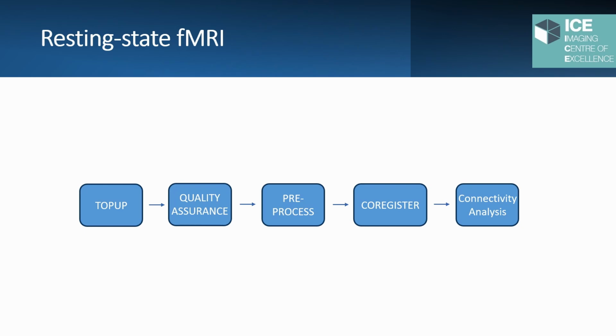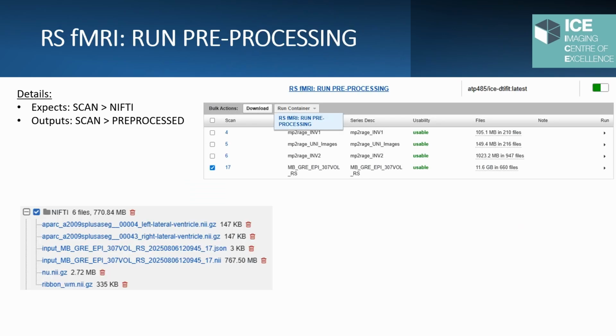So top up, quality assurance, and co-registration are the same as before. The unique step here is the resting state specific pre-processing. So the RSFMRI run pre-processing function will target the Nifti folder of a scan, and it will place its outputs in a pre-processed resource folder. The Nifti folder, we want to set that up with the bold images for our resting state run.